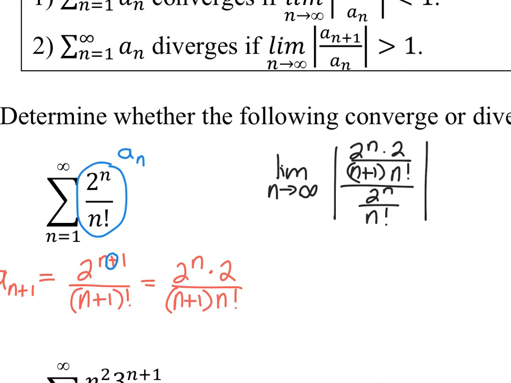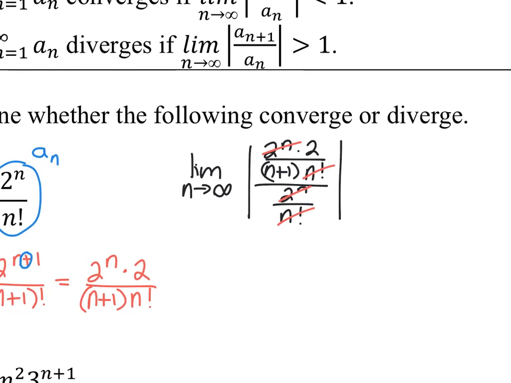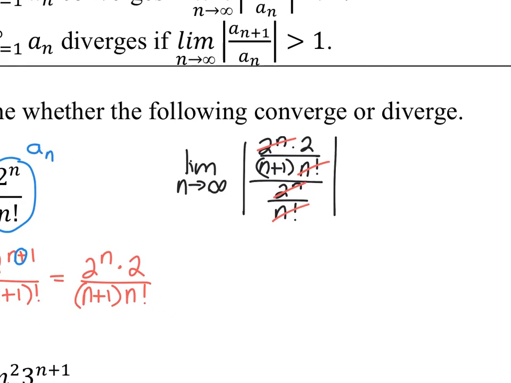And if your reaction is, how the hell am I supposed to find the limit of this? It's a mess. Well, you just answered it. It's a mess. Let's make it not a mess. 2 to the nth is going to cancel. N factorial is going to cancel. Basically, everything that made this limit difficult cancels.